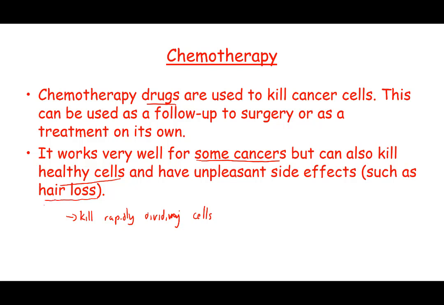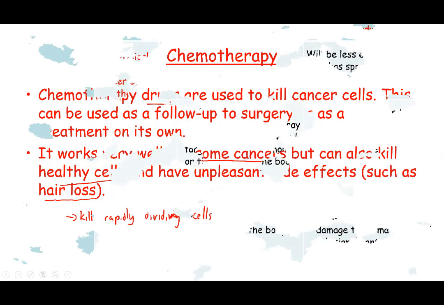They can also kill cells in your mouth which help you taste things or smell things, and they can also destroy cells in your small and large intestines. So there's quite a lot of side effects and a lot of problems with chemotherapy. But if it's a useful way to kill the cancer, then most people would argue that it's worth going through the problems with chemotherapy to try and kill the cancerous cells.